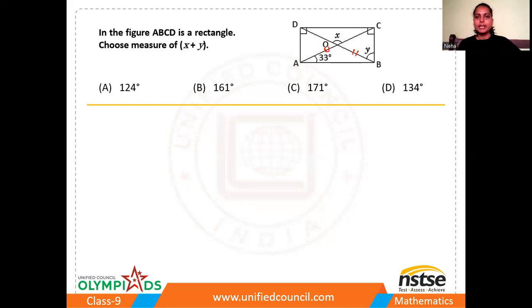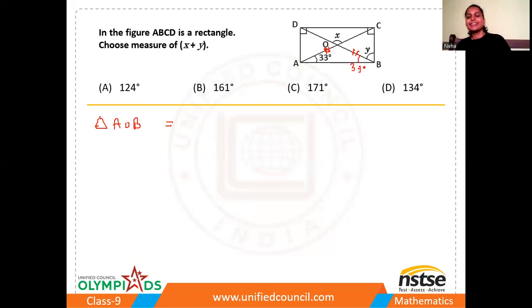So in the triangle AOB, basically I can say AO is equals to OB, right? So we know that equal sides have equal angle opposite to it, right? So if this angle is 33 degree, then this angle is also equals to 33. Correct?